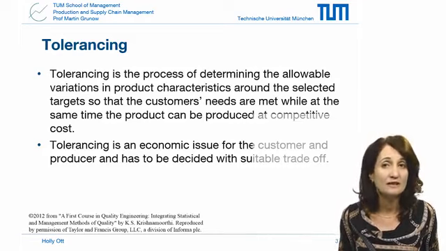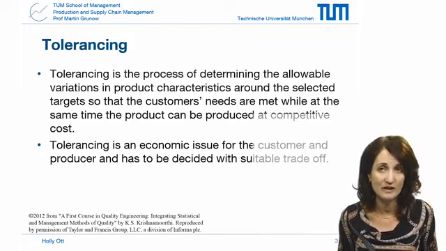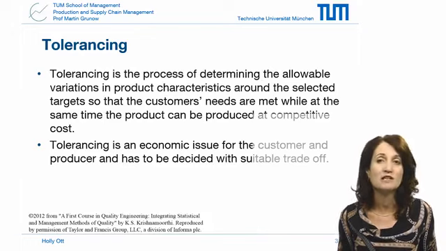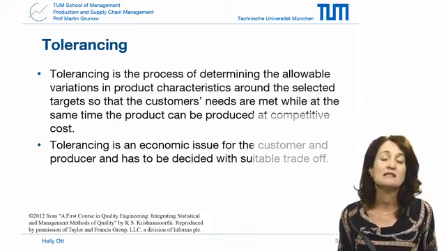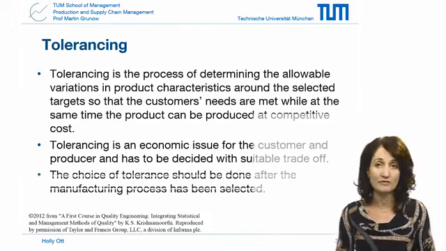It may also determine the length of life or the reliability of a final product, and all of these have economic values for the customer. Therefore, tolerancing is an economic issue for both the customer and for the producer, and a gain for one may result in a loss for the other. Thus, this tolerancing has to be decided by a suitable trade-off.